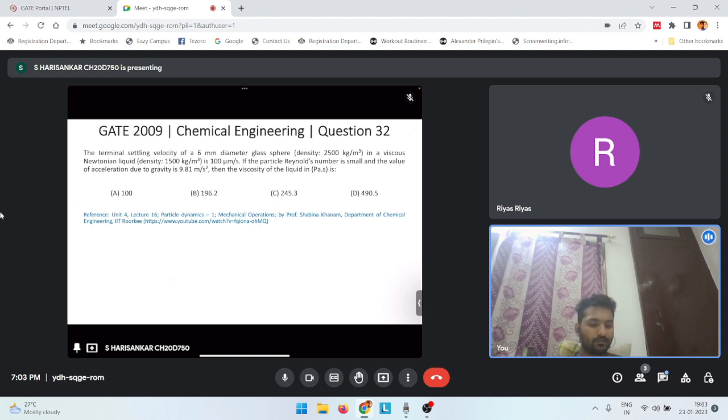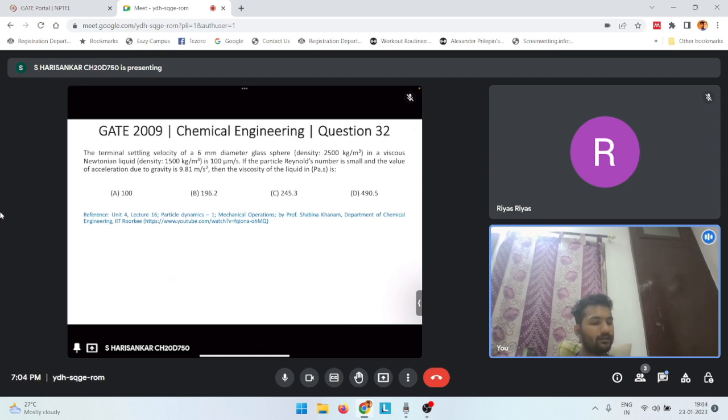So this is a question from GATE 2009 Chemical Engineering, question number 32. The terminal settling velocity of a 6 millimeter diameter glass sphere with density 2500 kg per meter cube in a viscous Newtonian fluid of density 1500 kg per meter cube is 1000 micrometer per second.